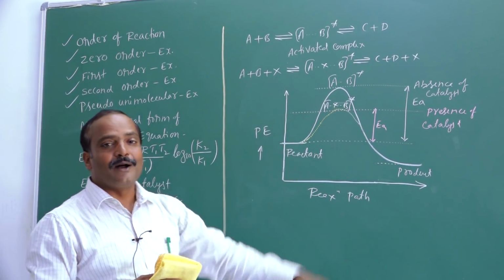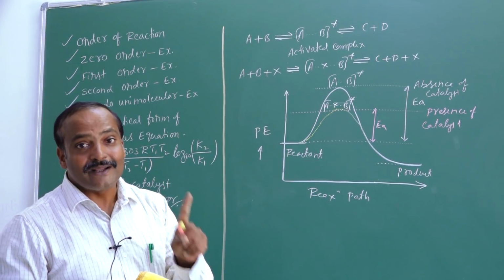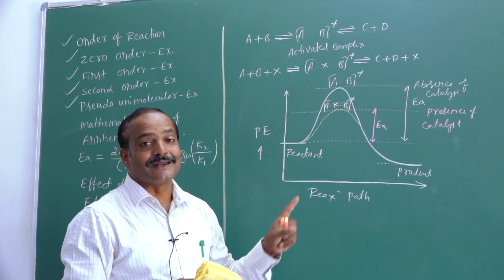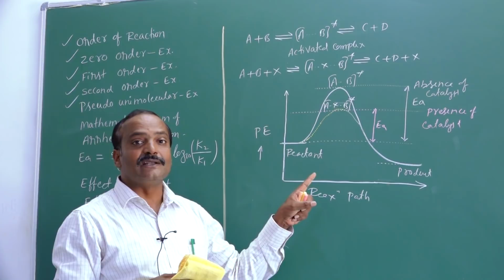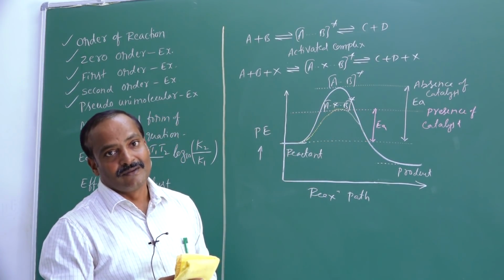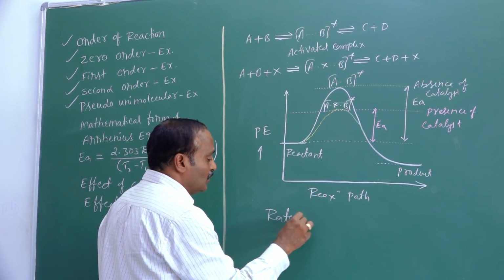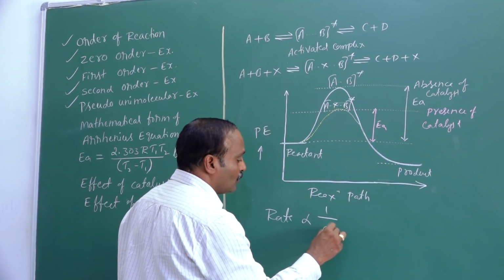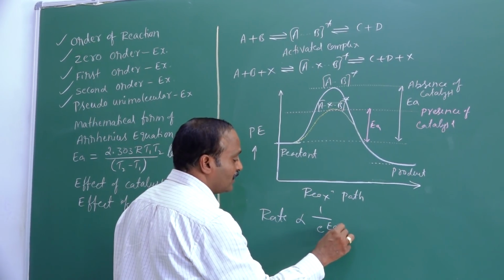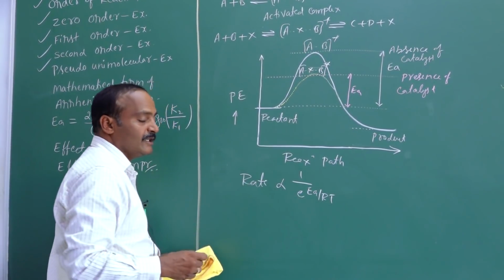From this diagram, it can be concluded that in the presence of catalyst, the rate of reaction increases but activation energy decreases. Hence, the rate of reaction is inversely proportional to activation energy.